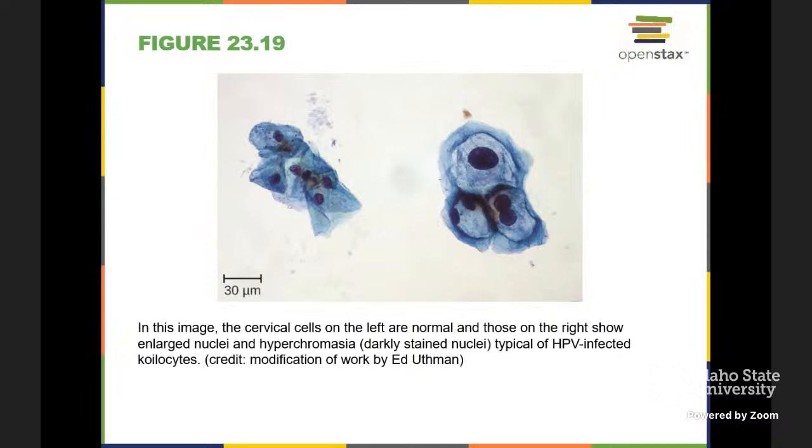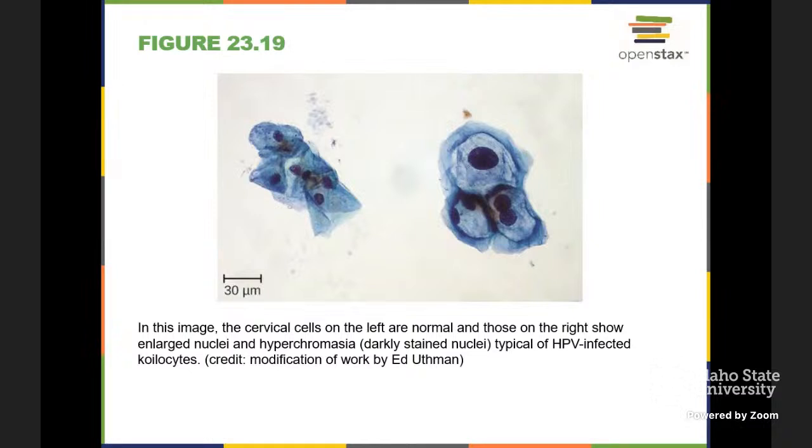Here, another pap smear, and what we are looking at initially are normal cells, and the larger cells with huge nuclei within here, and the enlarged cell itself, are the infected cells.